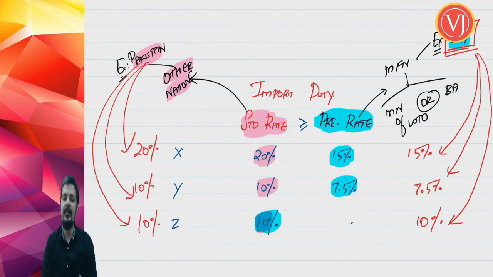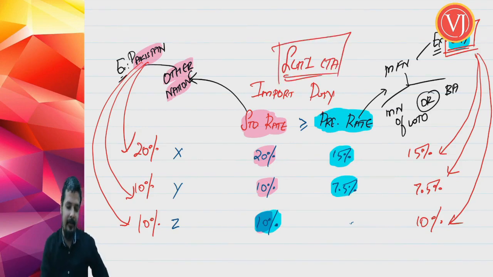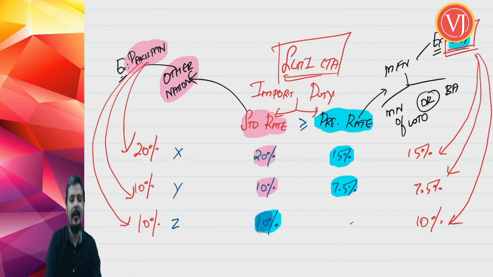Now I believe with this example you understand why import duty has two rates. Your Schedule 1 of the Customs Tariff Act 1975 will have import duty rates of two types: one standard rate, one preferential rate. Standard rate is a higher rate which is applied for other than most favored nations, for example Pakistan, where you will have a higher rate.